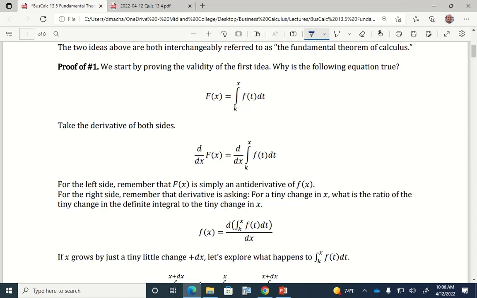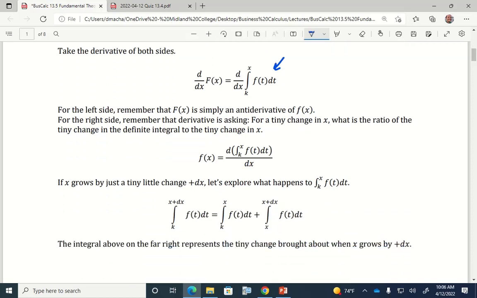On the left side, we have the derivative with respect to x of the antiderivative of the function f. On the right side, we'll take the derivative with respect to x of the definite integral we're talking about. On the left side, since capital F is just an antiderivative of f, taking the derivative of the antiderivative just gives you the function itself.